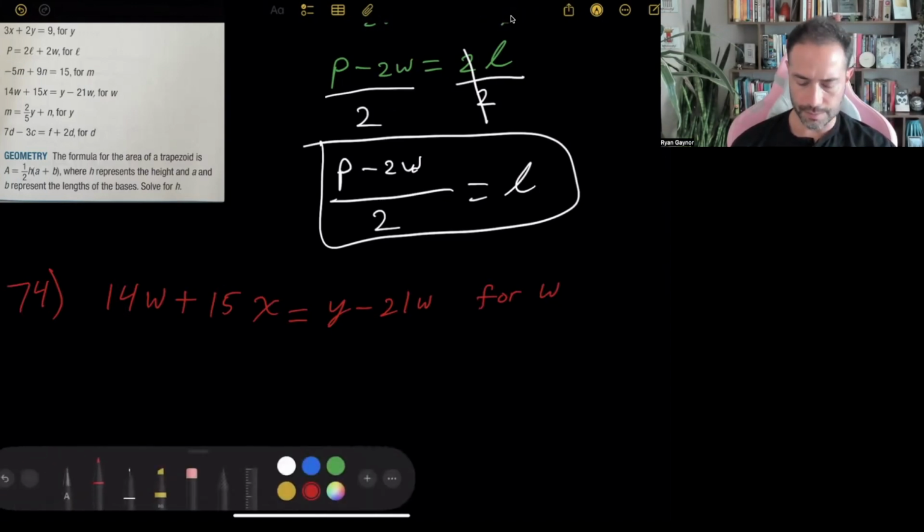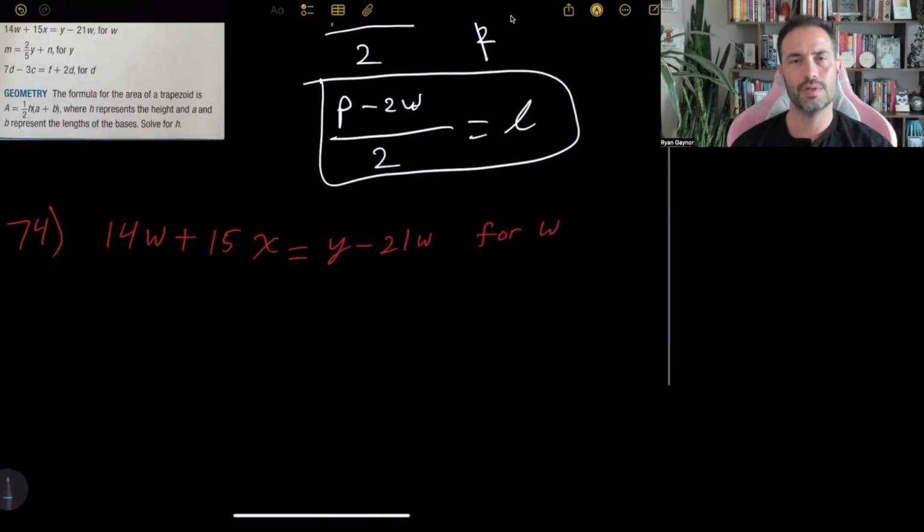Okay, so once again, we have to combine all like terms and then isolate the W. So I notice right now that I've got a 14W and then I've got a negative 21W on the other side of the equation. Now, I want to get all the W's together, and then I want to get the W by itself.